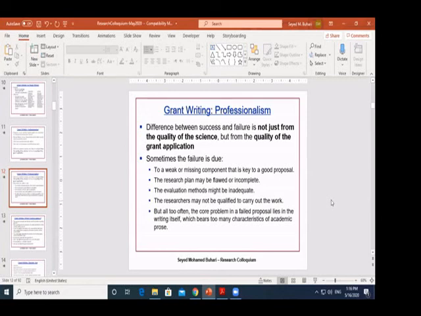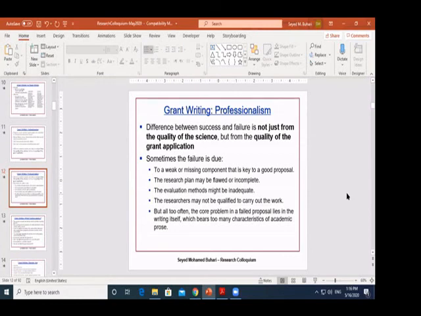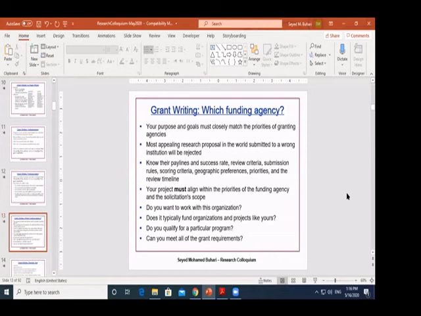Then they say, okay, these guys are not qualified to do this job. They will reject the proposal. Okay, and most of the time proposals get rejected because of writing, not because of academics, not because of technical aspect. I'm sure you are good at your technical aspect.